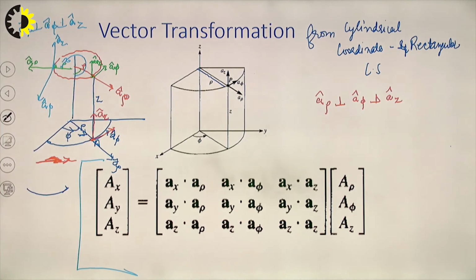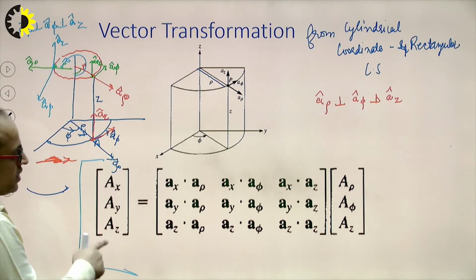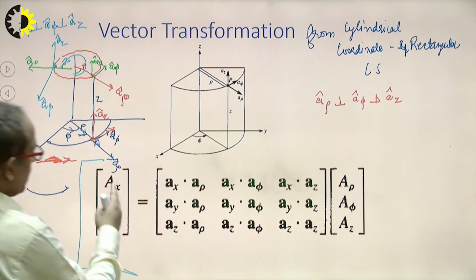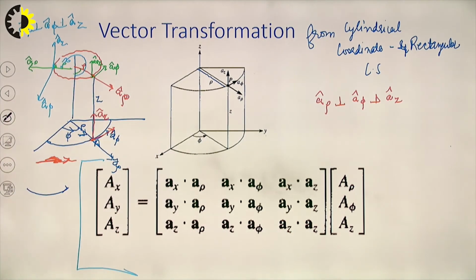Now see, this one is the vector transformation from a rho, a phi, az to ax, ay, az.